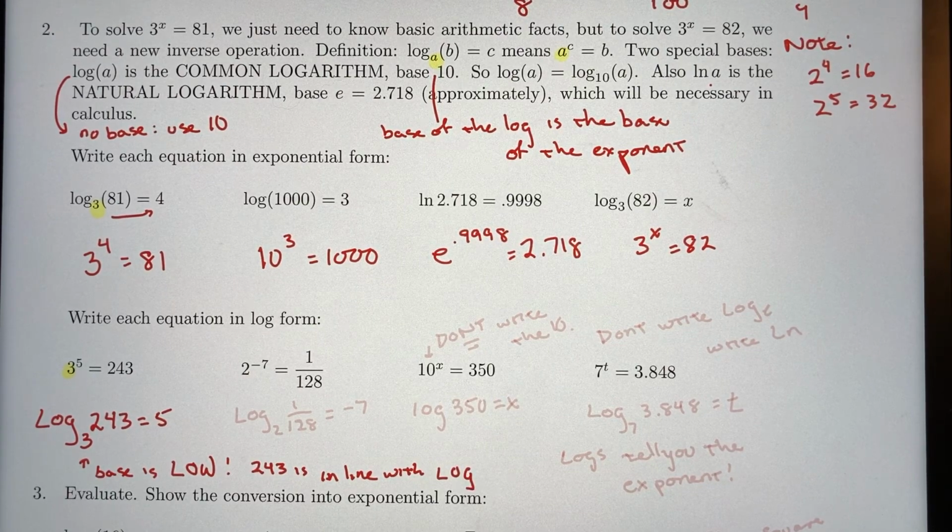Okay, so be careful that I don't want to see 243 floating up in the air, for instance. So log base 2 of 128 going across the equal sign, then back.